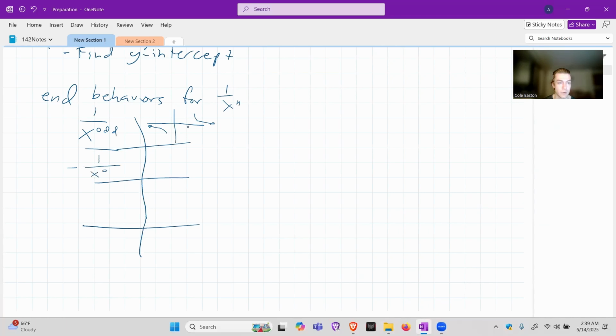And if we have negative 1 over x to the odd, we're approaching 0 from the bottom here or from the top here. Oh gosh, 1 over x to the even, it's going to look like this. And negative 1 over x to the even is going to look like this.